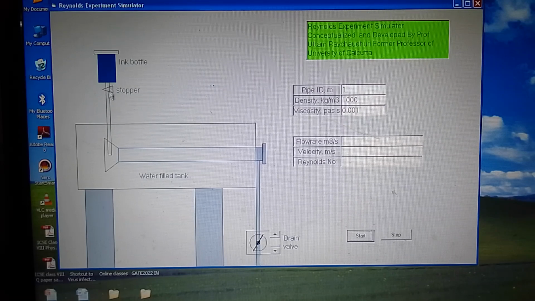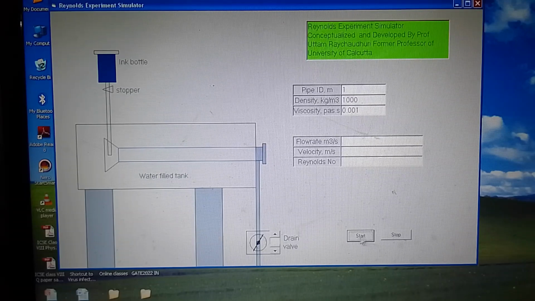This narrow glass pipe just injects the ink. It is just like a thread, it will come as the stopper is opened, and there is a valve. The water exits from this narrow pipeline through an exit valve or drain valve, which can be opened.